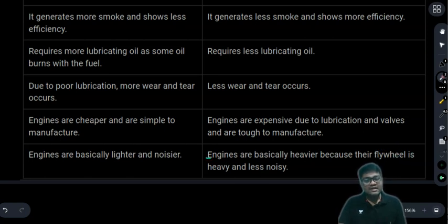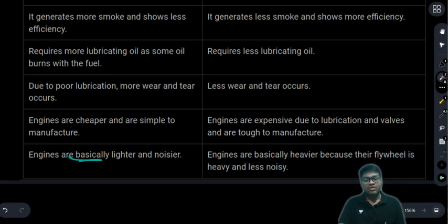In a four-stroke engine, we have three strokes during which we need to provide power to the engine, and only during one stroke are we getting power. That is why we require a heavier flywheel in this case.